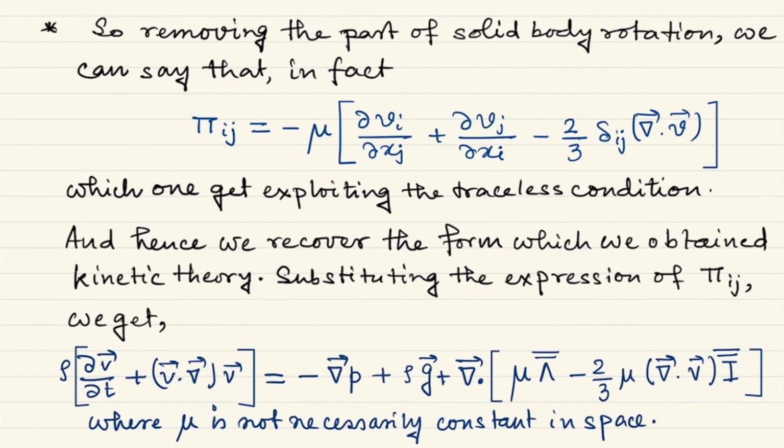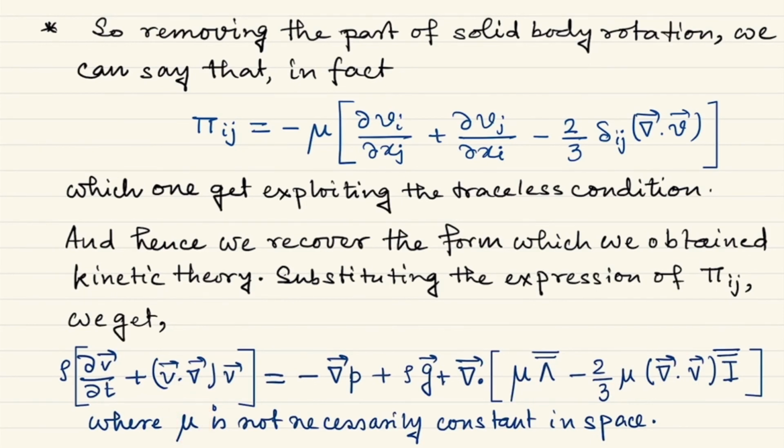Substituting now the value of pi ij in the so-called momentum evolution equation, which we call the Navier-Stokes equation as well, we get rho times del v del t plus v dot nabla v is equal to minus gradient of P, where P is the diagonal element of the pressure tensor, plus rho times G, this is the body force density, plus divergence of this pi ij. Of course, here at this point we have not considered that mu is necessarily constant in space.